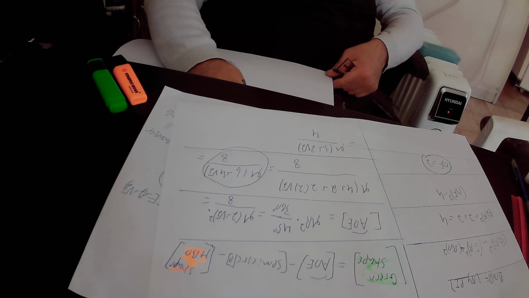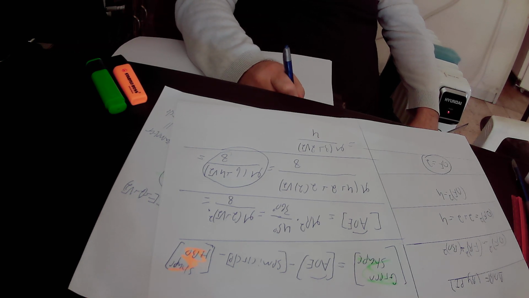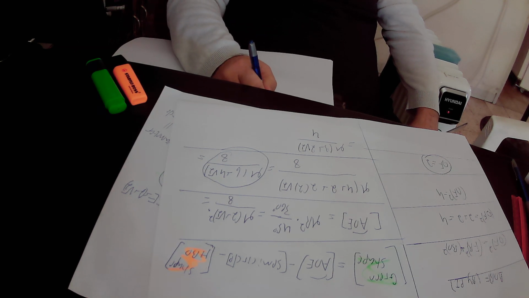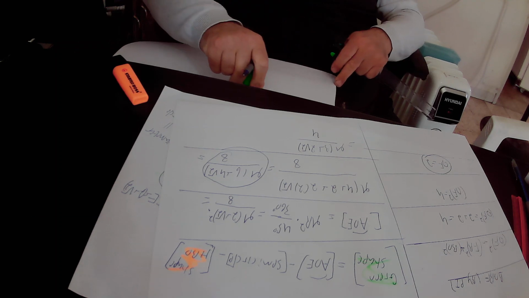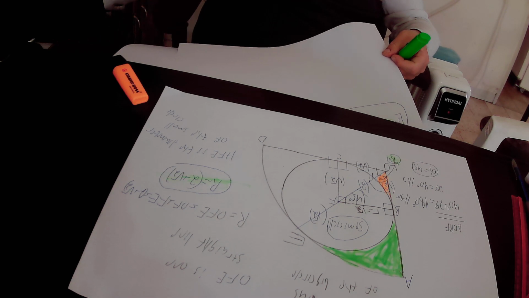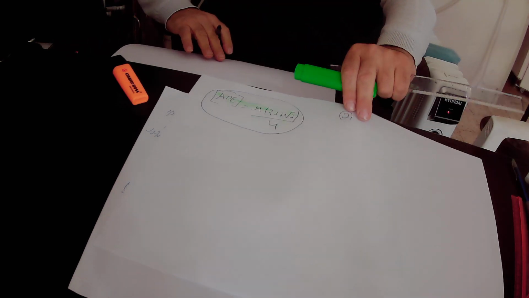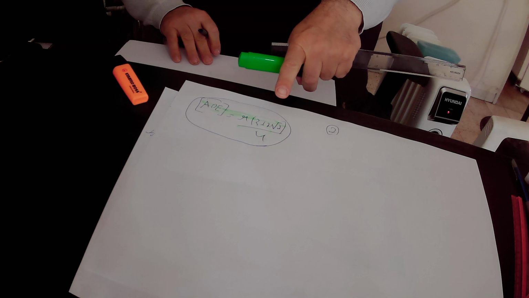The area of the big sector AOE is equal to pi times 3 plus 2 times square root of 2 over 4 square units.